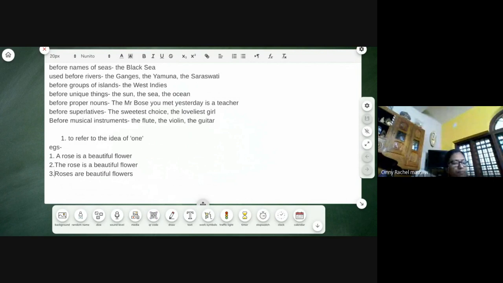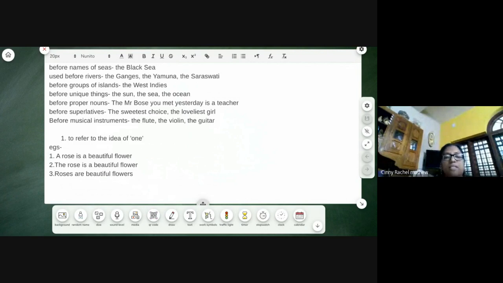They mean the same. So here in the first, a rose, it comes before a common noun, right? It's not a proper noun, it's a common noun which refers to any category of roses or any group of roses or all the roses that are ever there in the world.